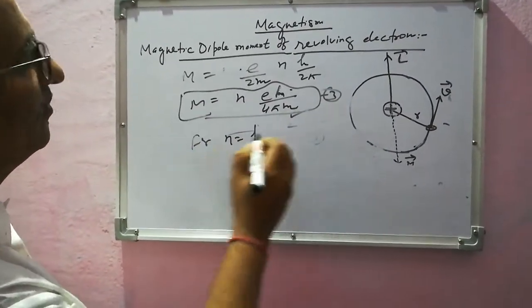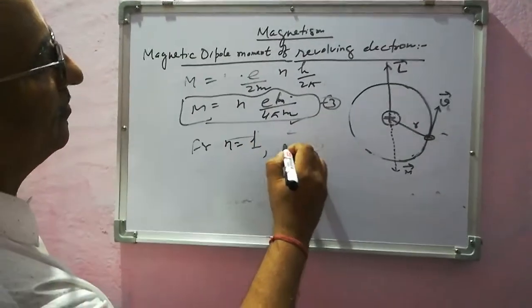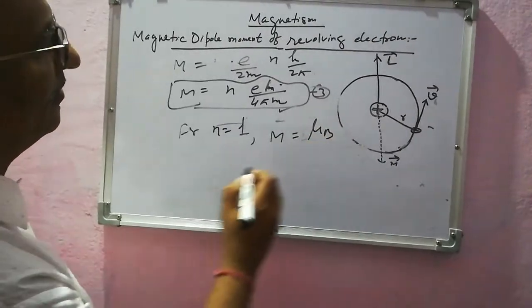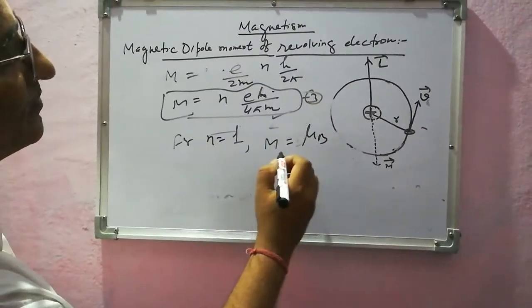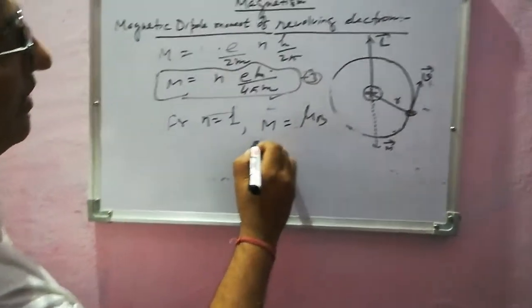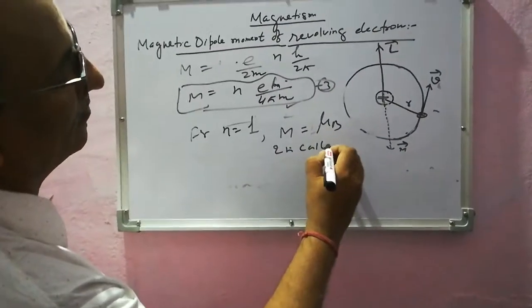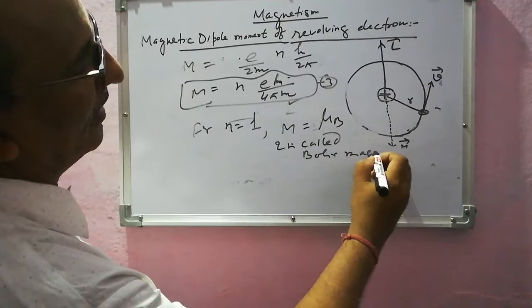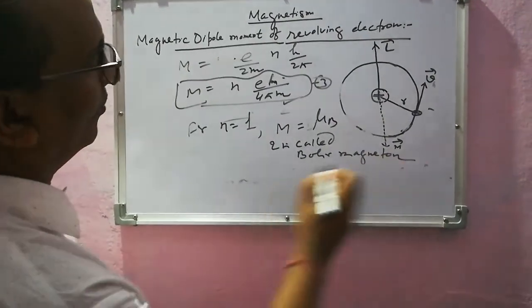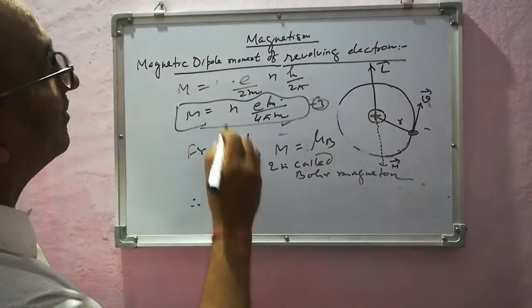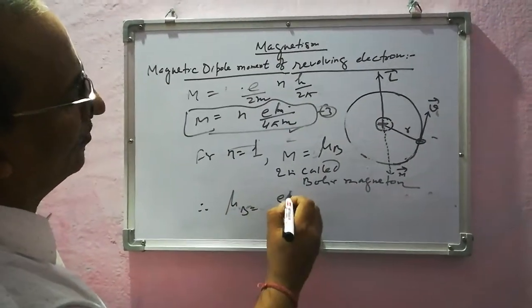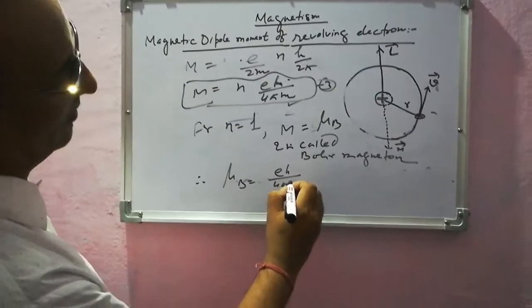So when n is equal to 1, M is represented by mu B, and is called the Bohr magneton. So the value of the Bohr magneton will be equal to e h by 4 pi m.